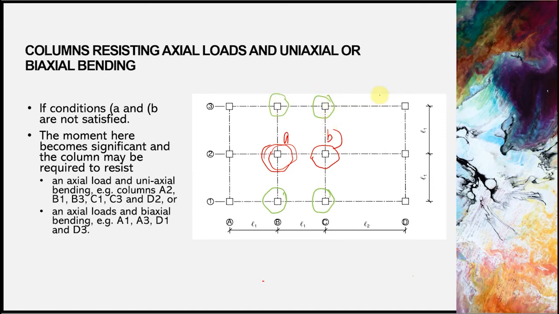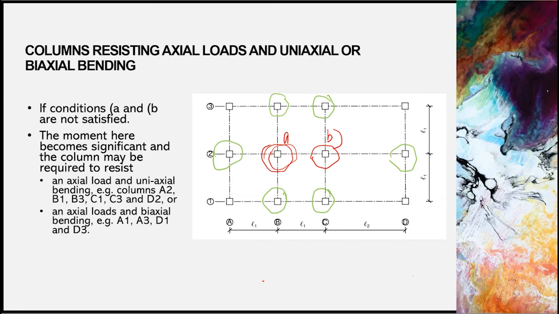Dia ada like 3 beam yang connected. And then you have A2. And then you have D2. Okay. This 1, 2, 3, 4, 5, 6. So this one termasuk dalam axial load. Yeah, and also uniaxial bending.